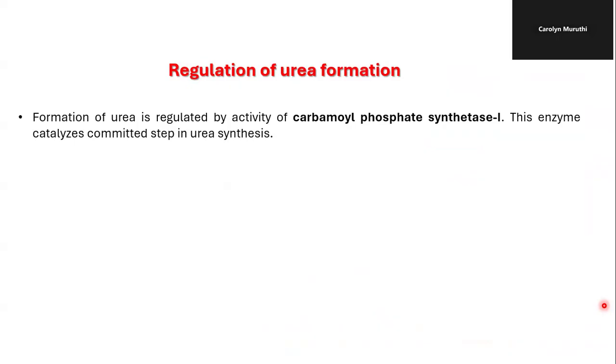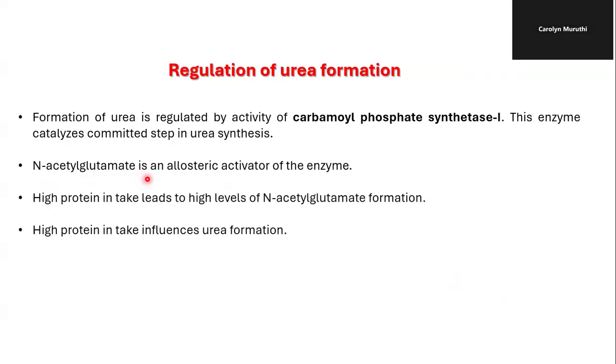The urea cycle is also subject to regulation, and here we have the enzyme carbonyl phosphate synthetase 1, which is the rate limiting step, which catalyzes the committed step in urea synthesis. And we see that N-acetylglutamate is an activator of this enzyme.